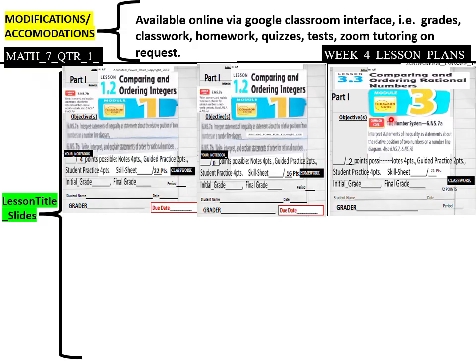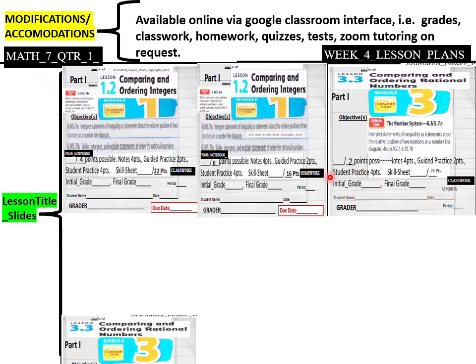Comparing and ordering rational numbers, and the standard for that is the number system 6.NS.7a, interpret statements of inequality as statements about the relative position of numbers on a number line diagram. And this also includes 6.NS.7b. 24 points on this classwork assignment, 2 points in note-taking.